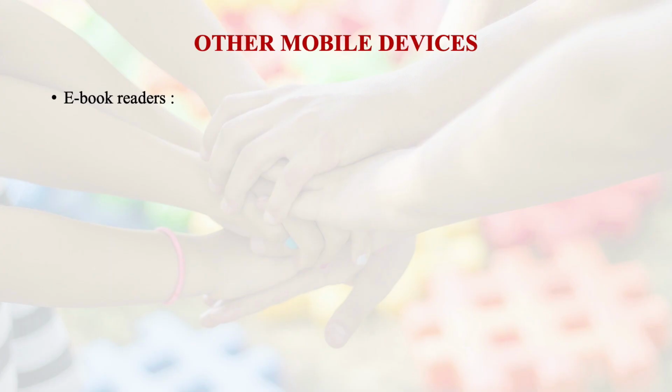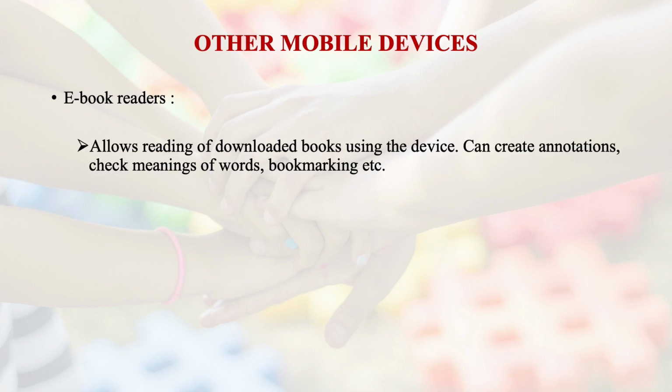There are several other kinds of mobile devices also these days. However, they have different specific applications. There is an e-book reader available these days, which is very useful in reading books, downloading books, and working with those books. The interesting features provided by these book readers include annotations, like you can underline or whatever you want to do with a particular passage.